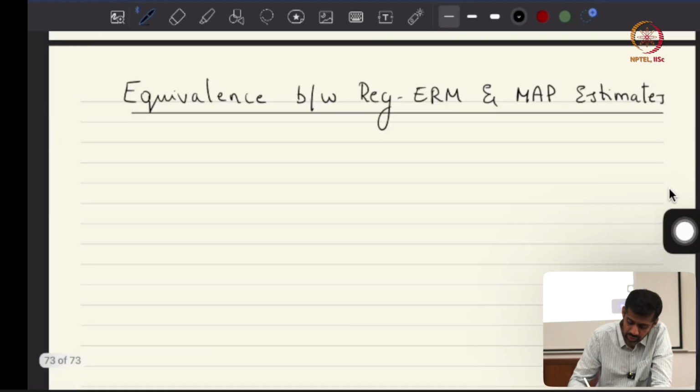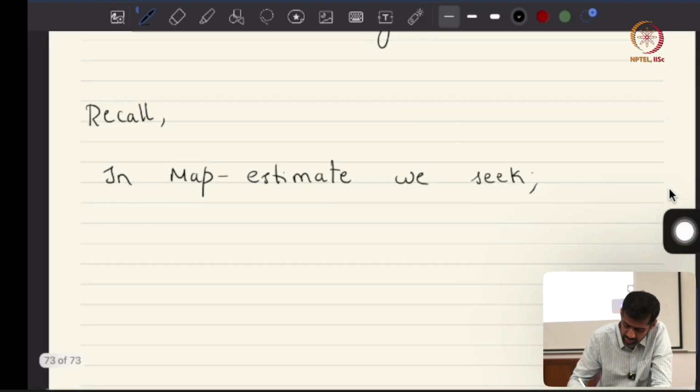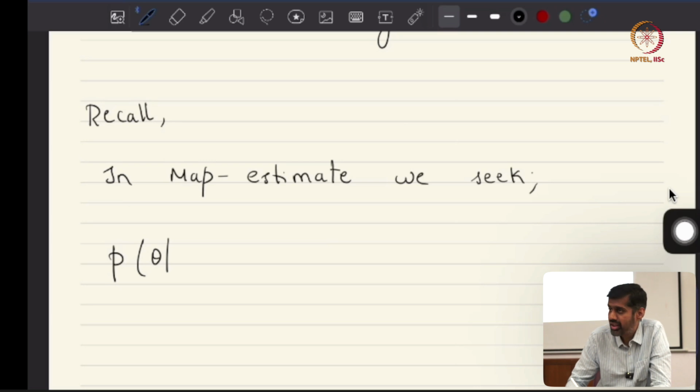Please recall that in the MAP estimate we seek a distribution P, the posterior of the parameters conditioned on data. What was the variable that I was using? T or D or whatever.